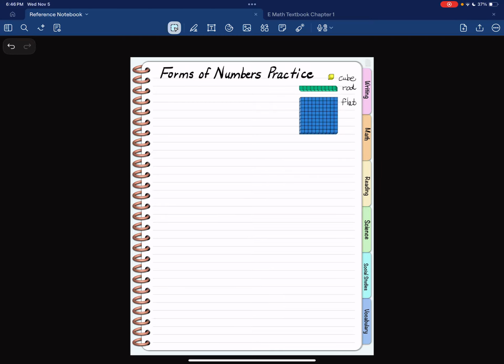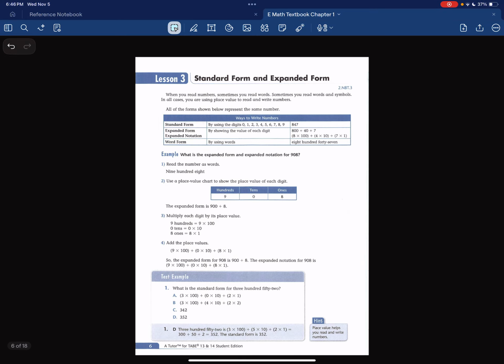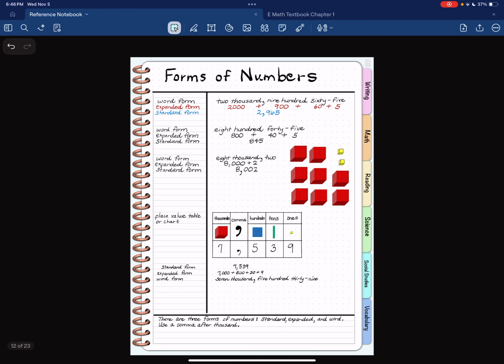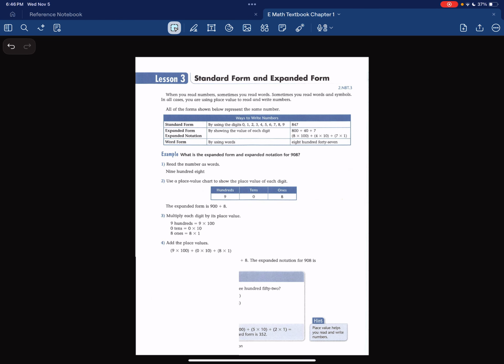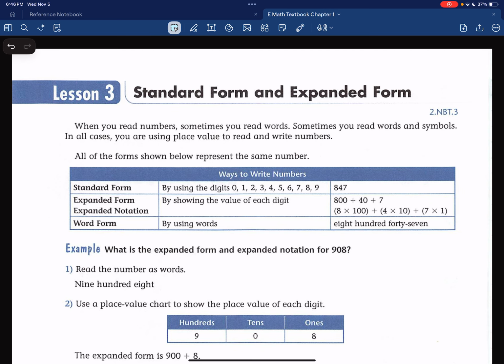All right, let's look in the textbook at page 6. This is talking about standard form and expanded form. And we've already added notes. That's what this page was about. So let's read this textbook page and we'll go from there.